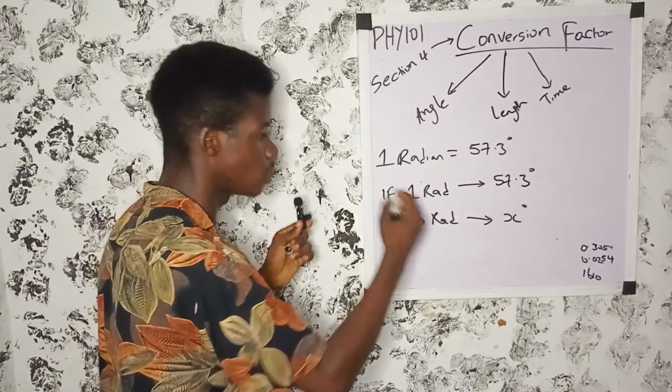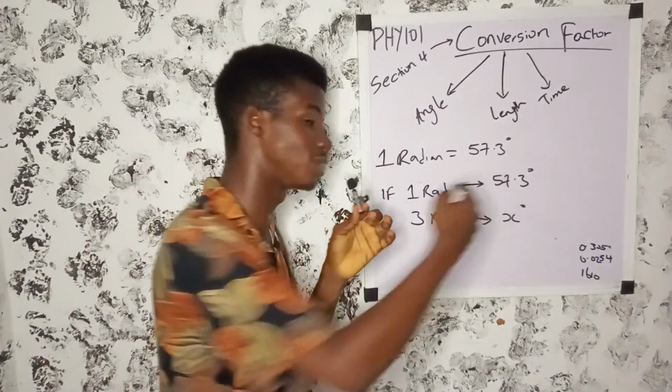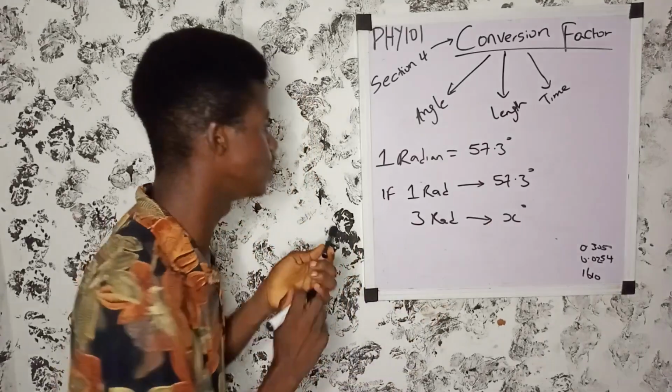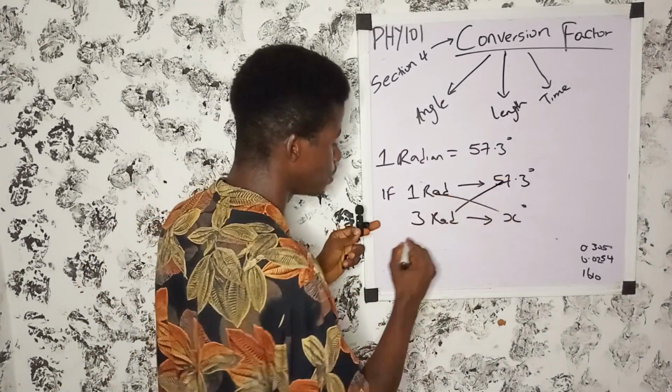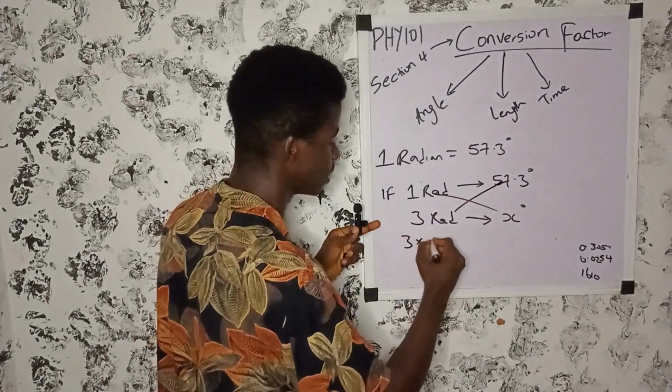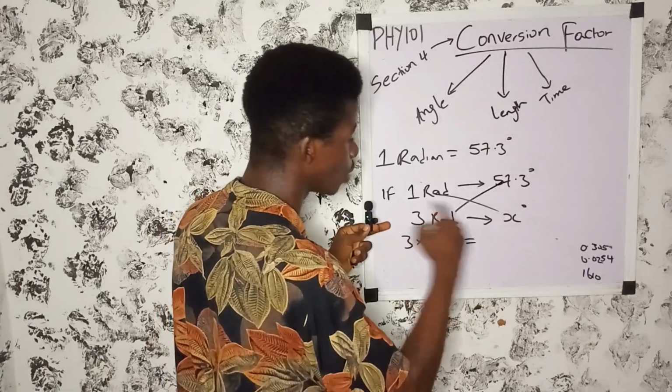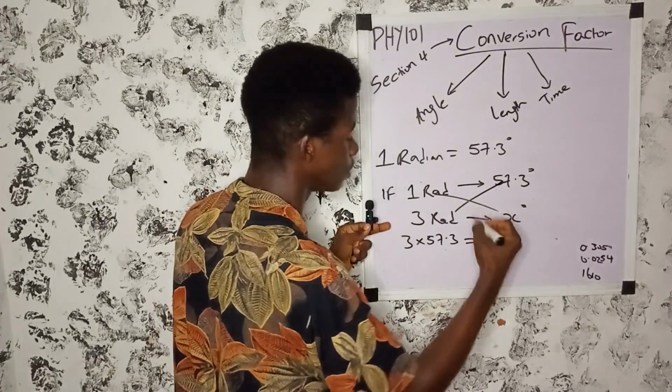So you first say if 1 radian is equal to 57.3 degrees, then 3 radians is equal to x degrees. Multiplying 3 with 57.3, while 1 will be multiplying x.